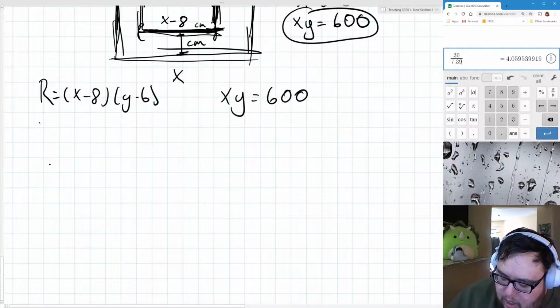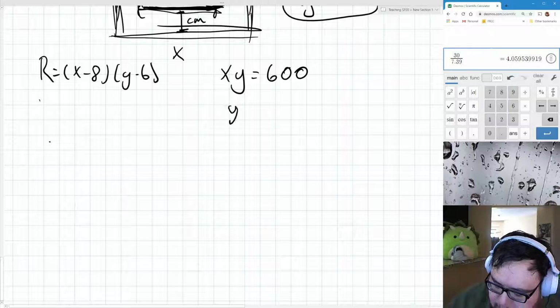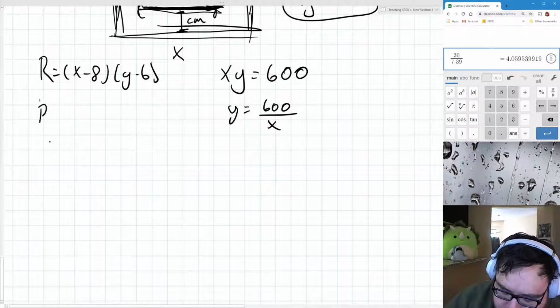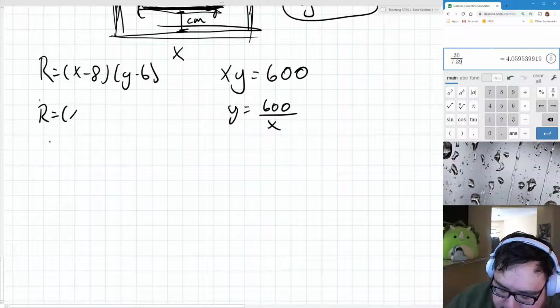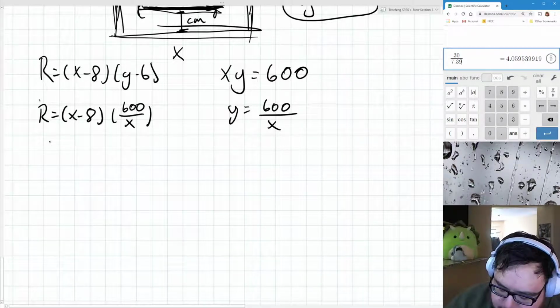So that means that y is equal to 600 over x, which means that our R is equal to x minus 8 times 600 over x minus 6.